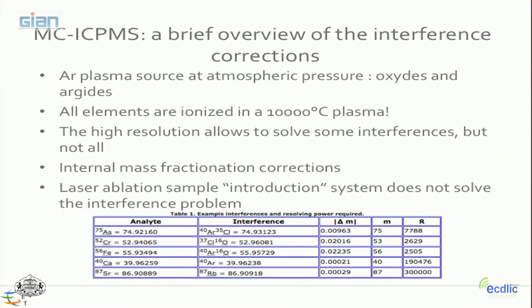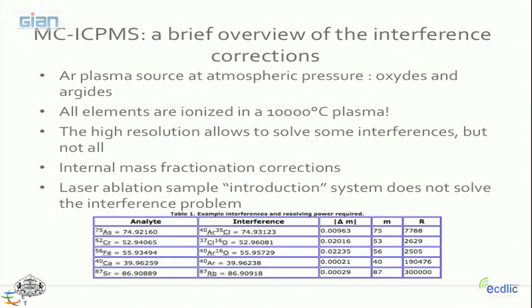Some you can solve using, for example, the slit I showed you in the beginning. Some are not. Typically, the rare earth elements in this kind of machine: if you have oxide interference, for example, the light rare earth elements on the heavy rare earth elements, you cannot solve this with the geometry. Either you have to calculate them, or you have to estimate them, and then you have to make an offline correction.